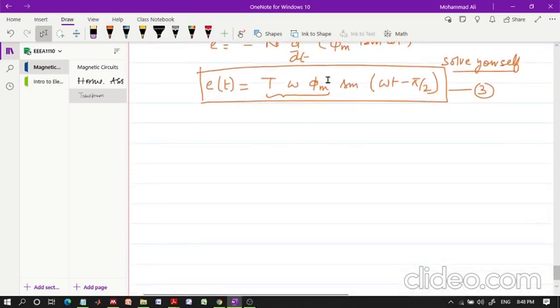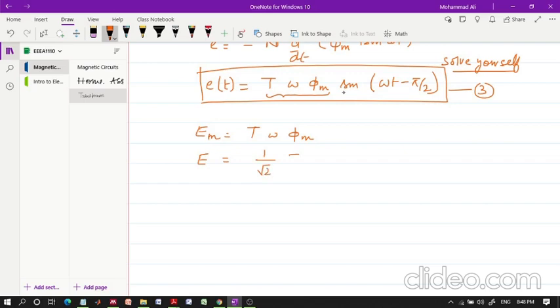So it has a magnitude and an angle, right? So we can just write it like this. If I take the peak value, Em can be given as n omega phi m. And if I write the RMS value, what should it be? What is the relationship between the RMS value and the peak value? It should be 1 upon root 2 times n omega phi m.